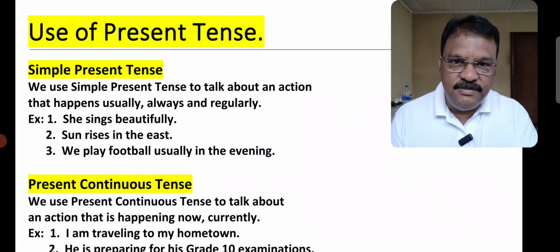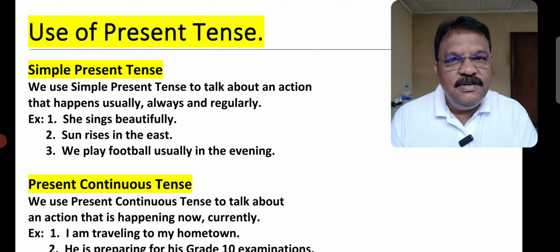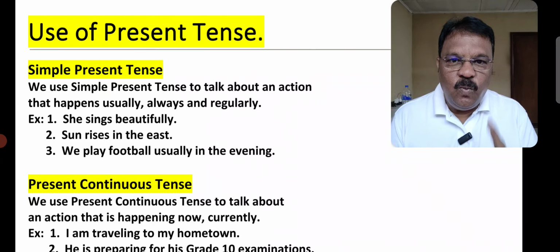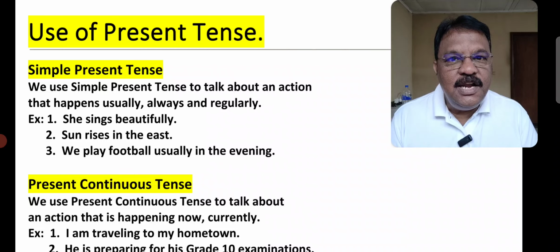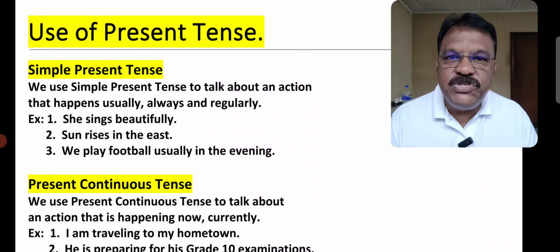My dear friends, this present tense is divided into 4 divisions. Number 1. Simple present tense. Number 2. Present continuous tense. Number 3. Present perfect tense. And number 4. Present perfect continuous tense.